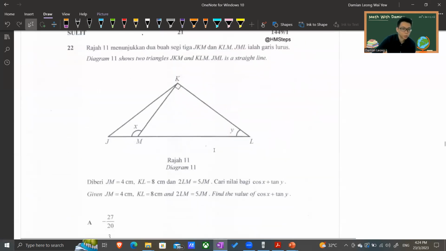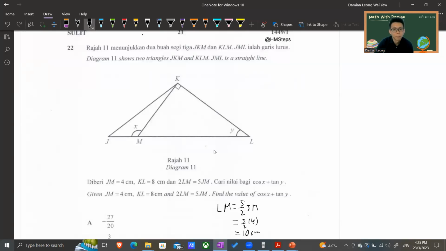Then question 22. JM is 4 cm. KL is 8 cm. And 2 LM equals 5 JM. 2 LM equals 5 JM means LM is 5 over 2 JM. JM is 4. 5 over 2 times 4. 10 cm.